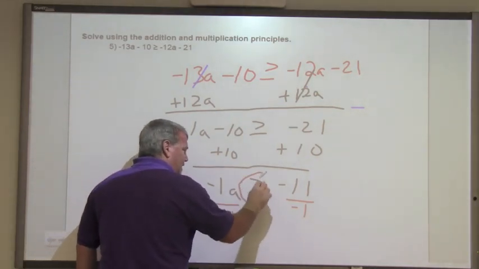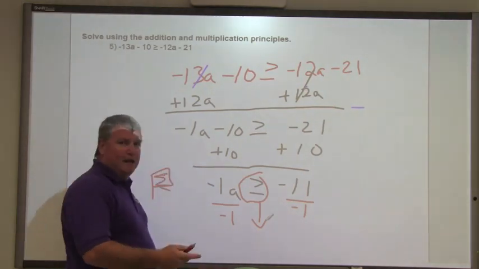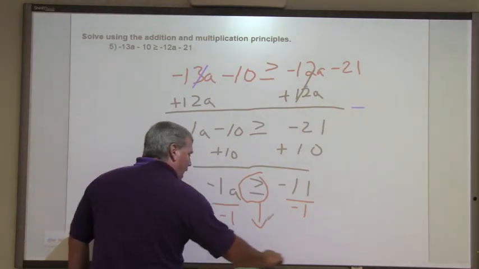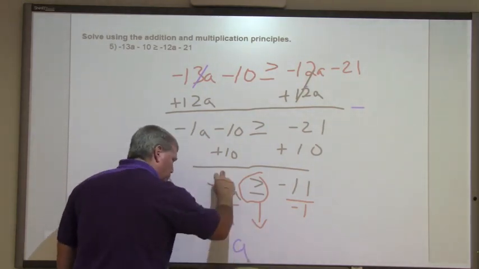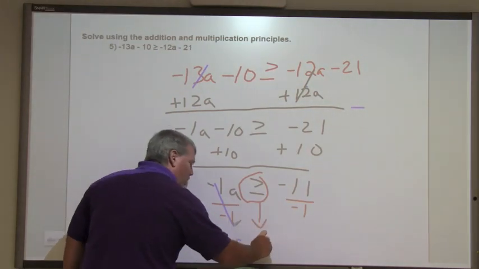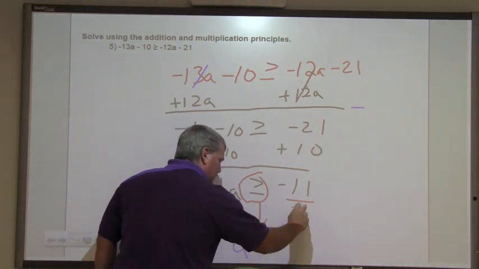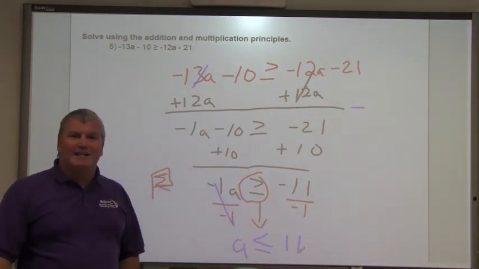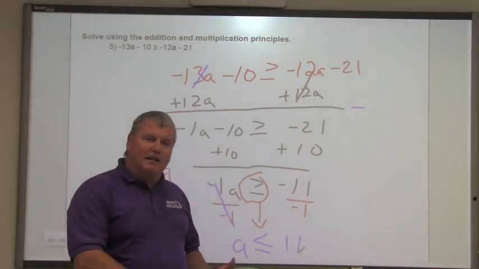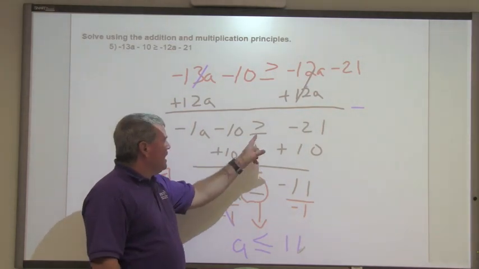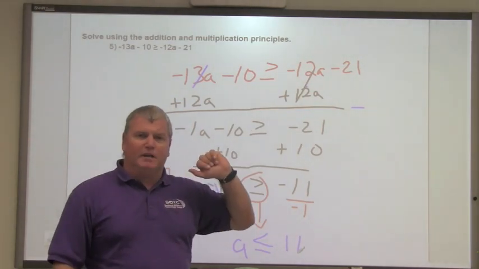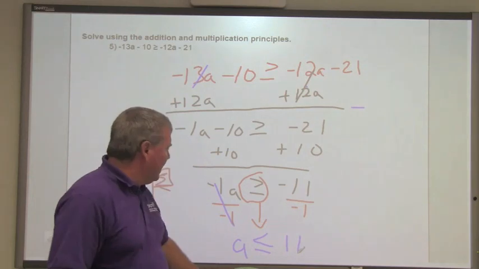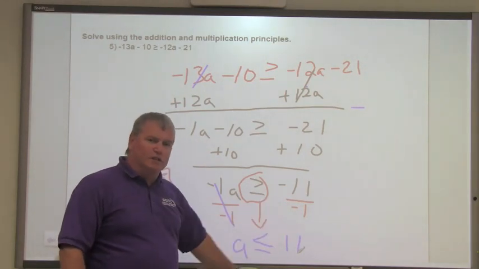When I divide by a negative or multiply by a negative on an inequality, what happens is, once things simplify out, this inequality switches from greater than or equal to less than or equal to. That's why I try not to get a negative on one of the sides with that inequality on there, because if I have to multiply or divide by a negative, I got to remember this rule of switching the inequality sign.